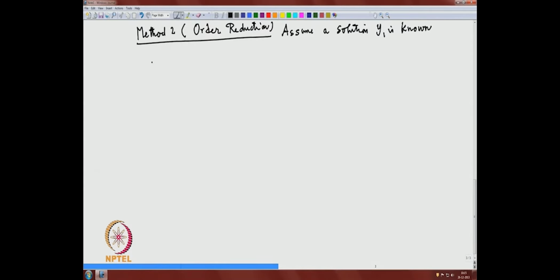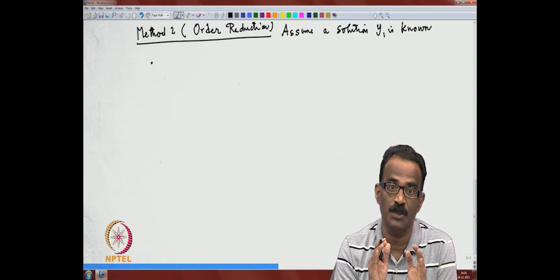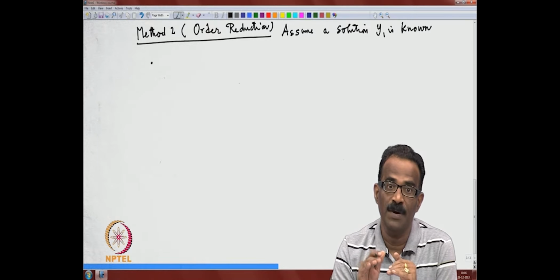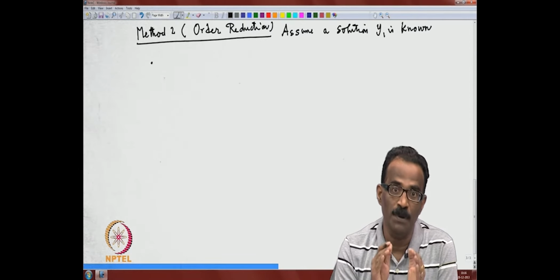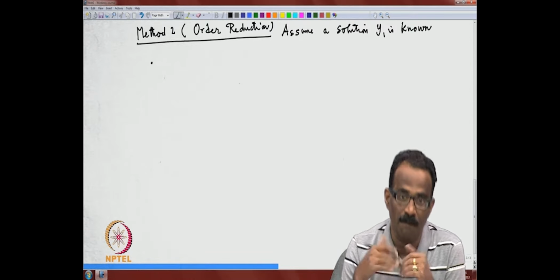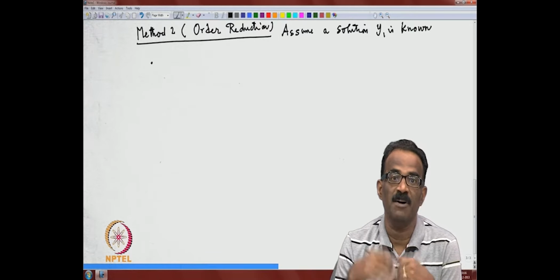If y1 is a solution, a constant multiple will also be a solution, but a constant multiple of y1 cannot be an independent solution. That is the first observation one has to make. No constant multiple of y1 will give you a second solution. So, the possible way to find a second solution, instead of multiplying by a constant, is to multiply by a function itself.